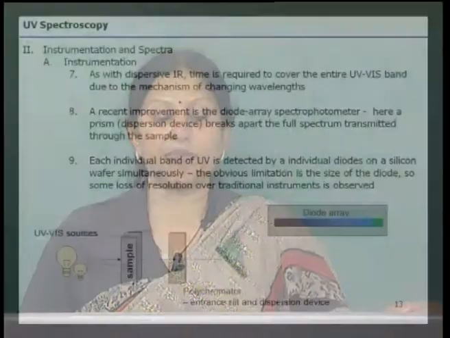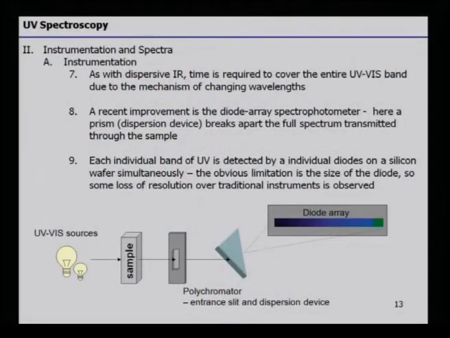Each individual band of UV is detected by an individual diode on a silicon wafer simultaneously. The obvious limitation is the size of the diode, so some loss of resolution over the traditional instrument is observed.